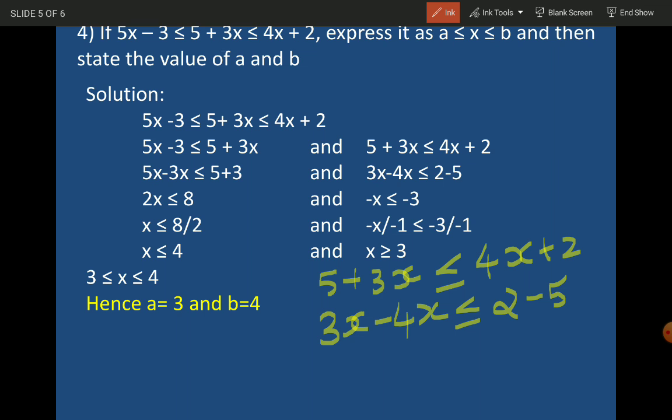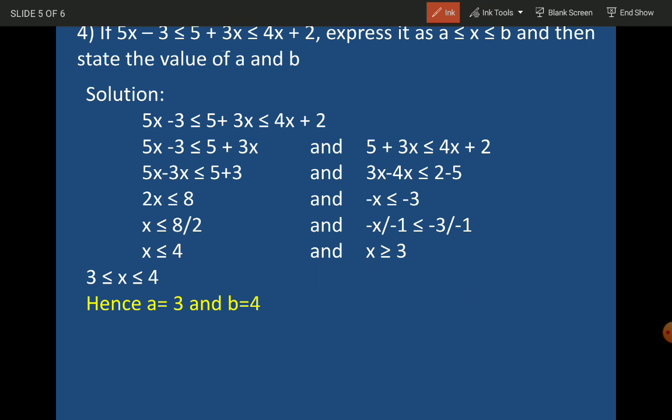Both the signs are different, so we put the bigger number's sign, minus 3. So we get minus x less than or equal to minus 3. In this we have to remember rule 4. If it is a negative sign we have to follow rule 4. So here we are solving like this, x less than or equal to minus 3.